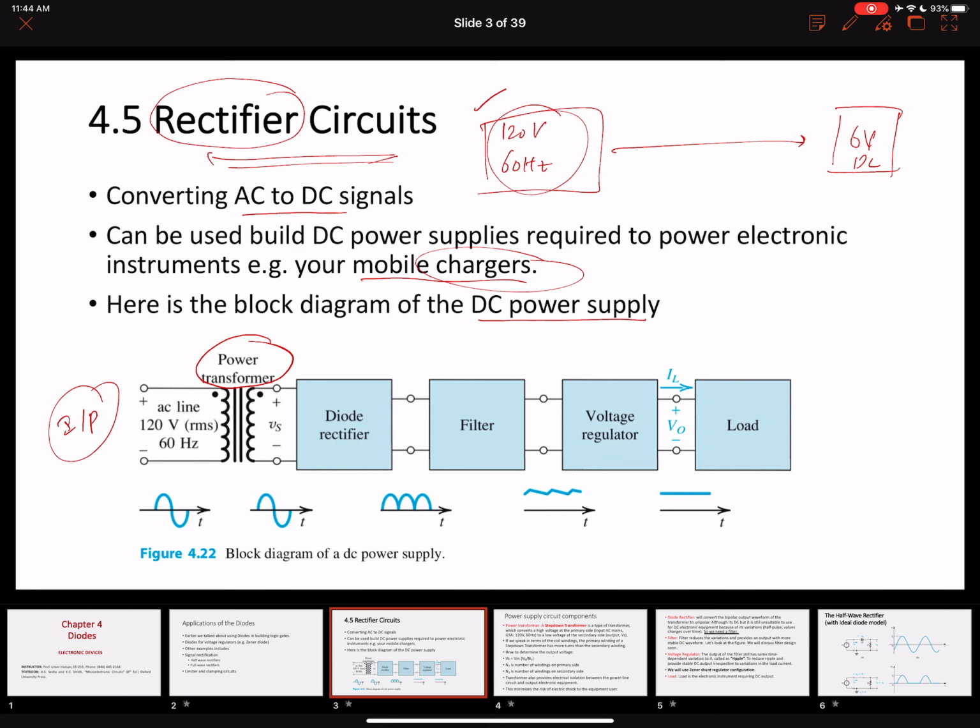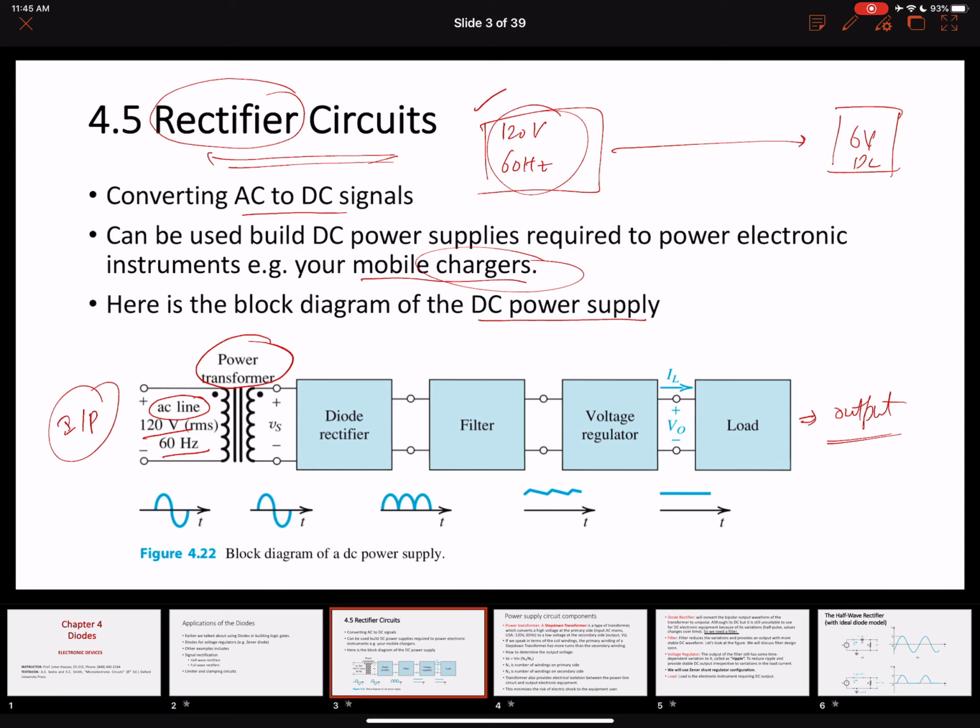This is the main supply that is coming to our homes and everywhere. And this is the final output. Now what is happening over here is we have this input voltage, which is 120 volts and 60 hertz, an AC signal that is coming to our homes. We connect a charger to this AC main.